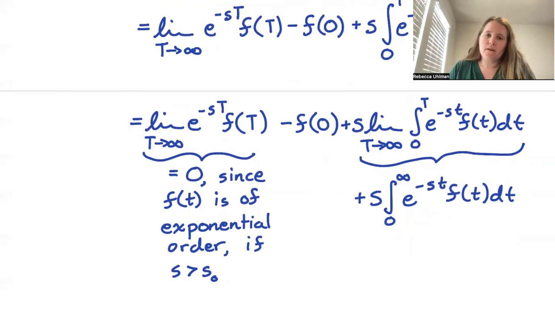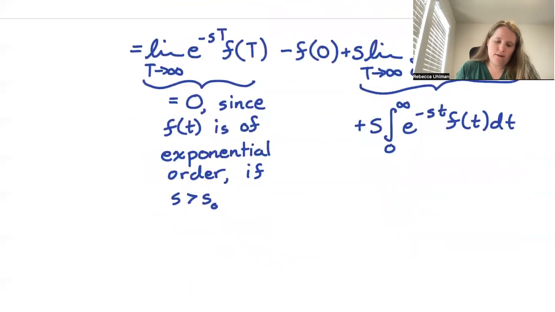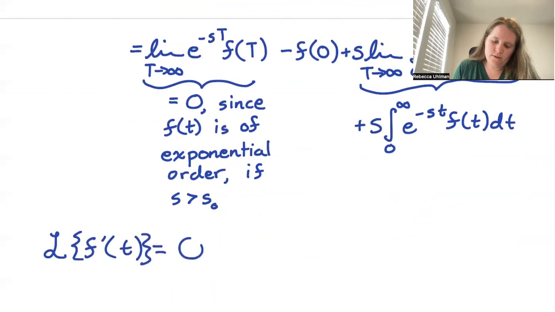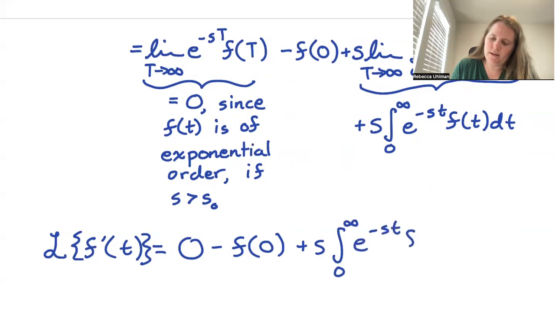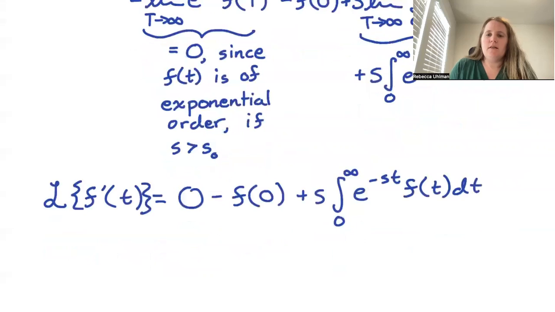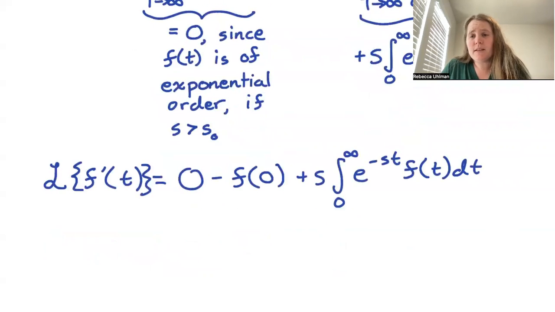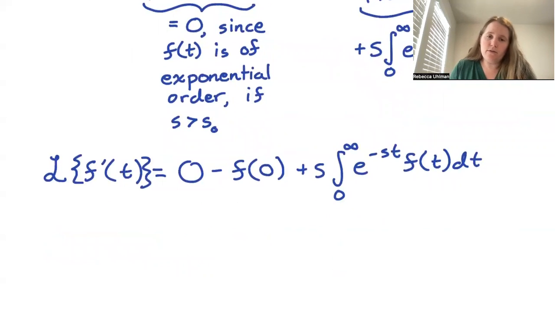So the Laplace transform of f prime of t is equal to 0 minus f of 0 plus s times the improper integral from 0 to infinity of e to the negative st f of t dt. This improper integral is precisely the Laplace transform of f.